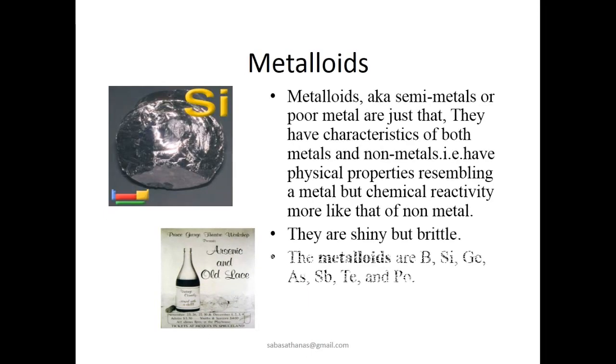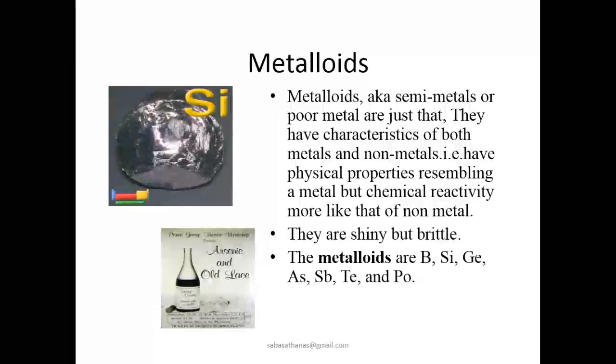Nyingine tunasema inaitwa metalloids, ambao in other way is so called semimetal or poor metal. Why is it so called metalloids? Because they have both characteristics of metal and non-metal, that have physical properties resembling metal, but chemical reactivity more like that of non-metal.